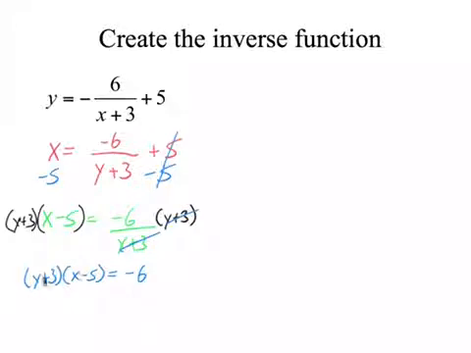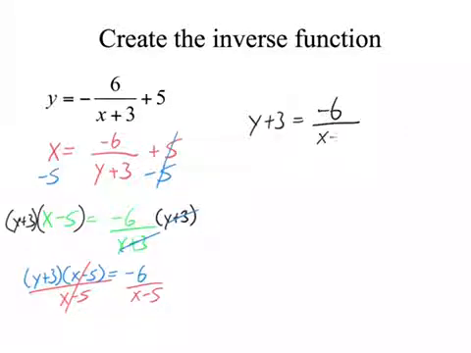It looks kind of like a whole bunch of junk here, but can't we get rid of this whole piece by dividing both sides by it and getting y closer to be alone? So I divide both sides by x minus 5. And what I now have is y plus 3 equals negative 6 over x minus 5.